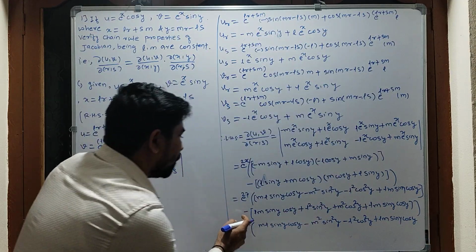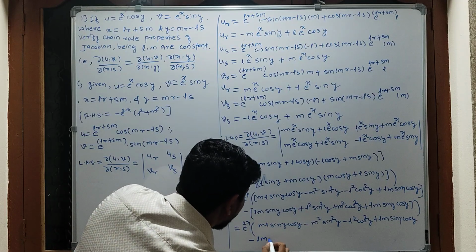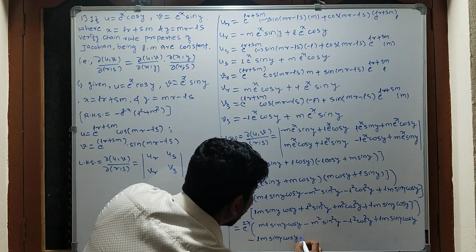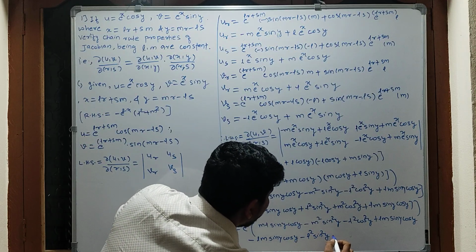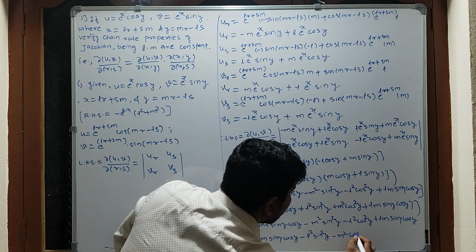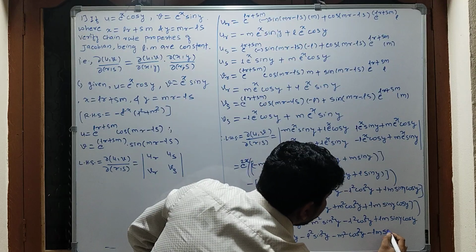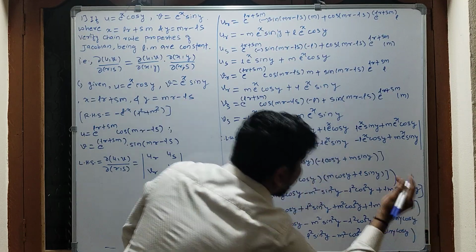Now multiplying with the minus sign, this is minus l m sin y cos y minus l square sin square y minus m square cos square y minus l m sin y cos y, and this is my whole bracket.